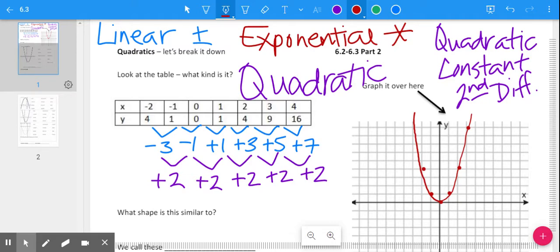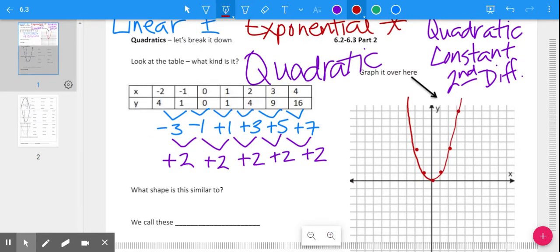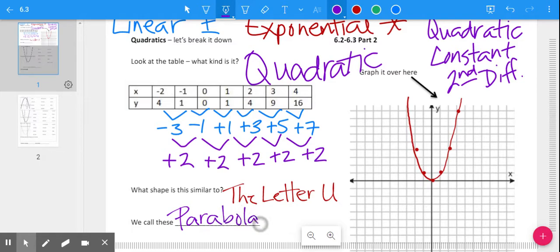So they all need to be shaped like the letter U. So where it says, what shape is this similar to? The letter U. And we call this a parabola. So the shape of a quadratic function is called a parabola.